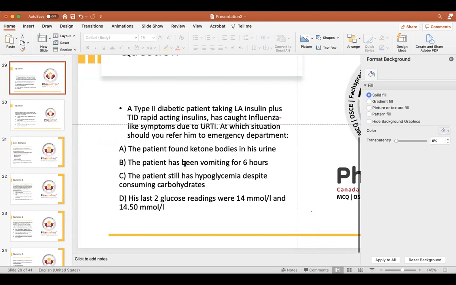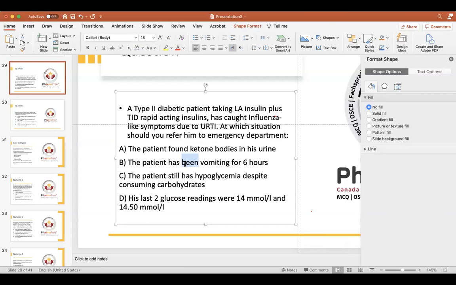Number 2, it's written here: when the patient has been vomiting for 6 hours. Number 3, when the patient has a reading of 14 millimole per liter for 2 readings, not only 1 reading. This is according to the guidelines, by the way.